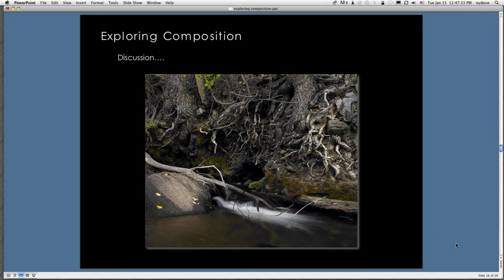The colors in this are, since David's such a great classical composition person, I keep finding myself playing all the alternate elements here, color being the most obvious here.